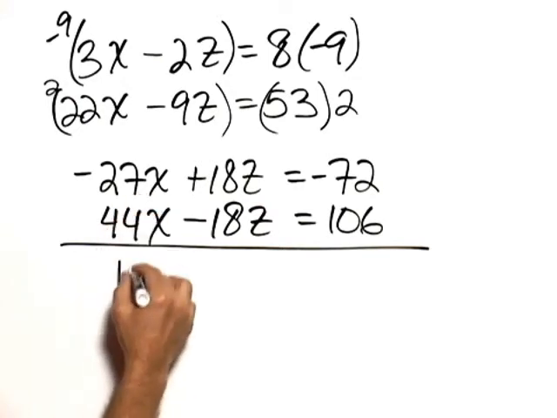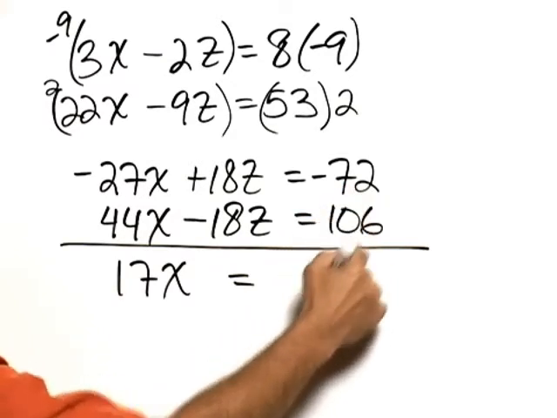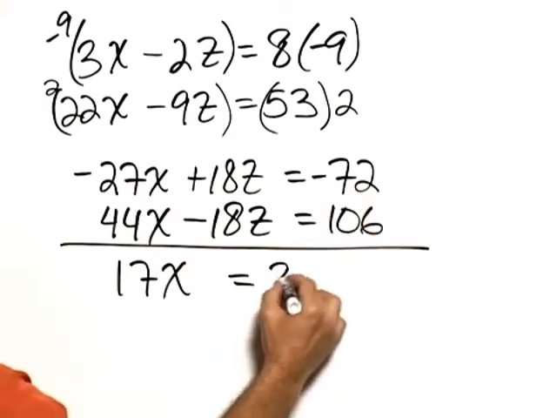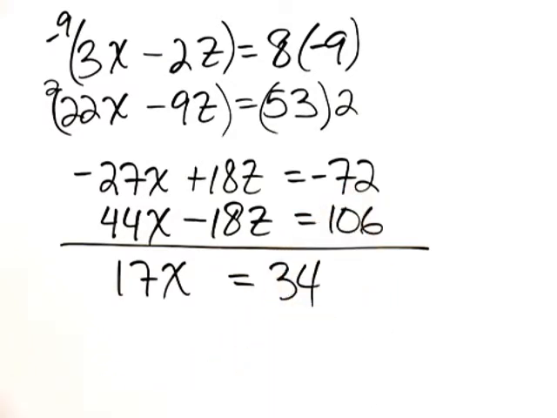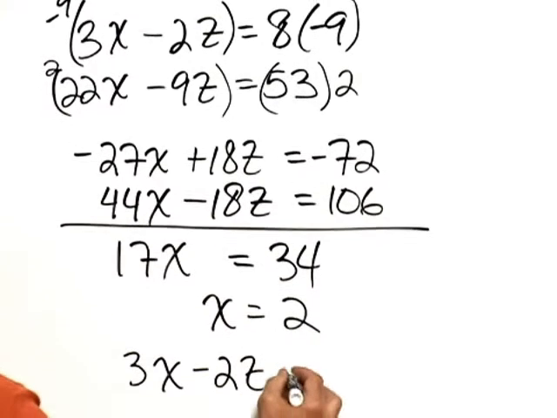Over here we have positive 17x is equal to negative 72 plus 106 is positive 34. Dividing both sides by 17, we get x equals 2. What we now do is substitute that value, x equals 2, into one of the equations that has both x and z.